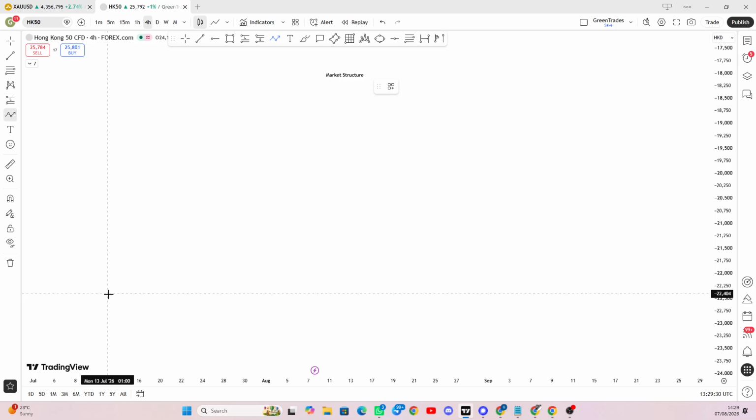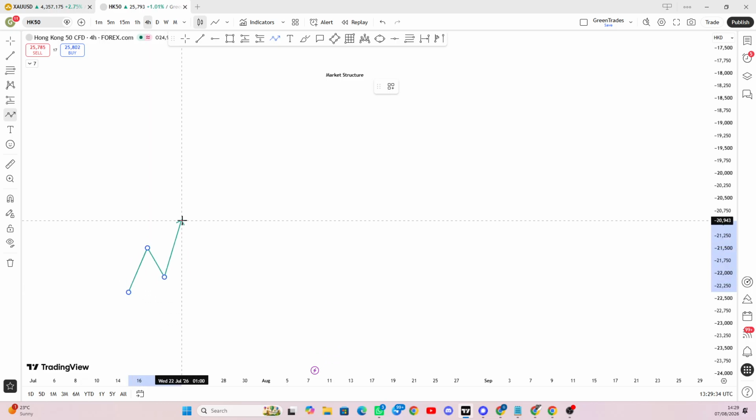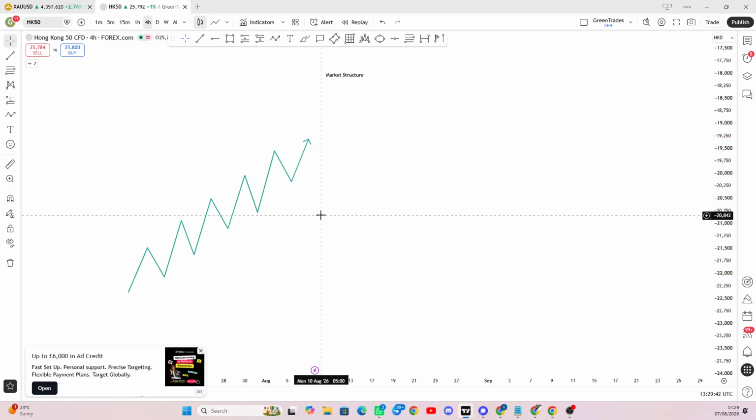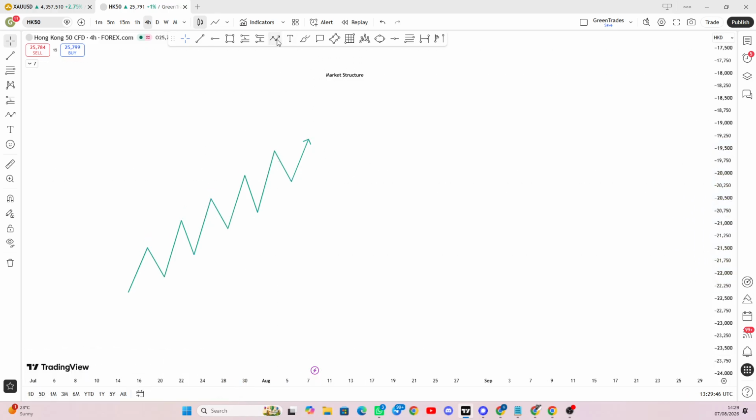If it's trying to be a bullish trend, this is how the market is going to go: a lot of higher highs and higher lows being formed to indicate that the market is trying to move all the way up. When the market wants to move down, it forms lower highs and lower lows.